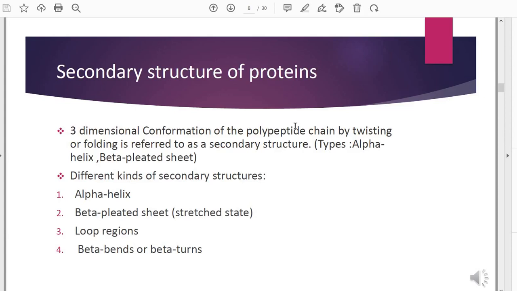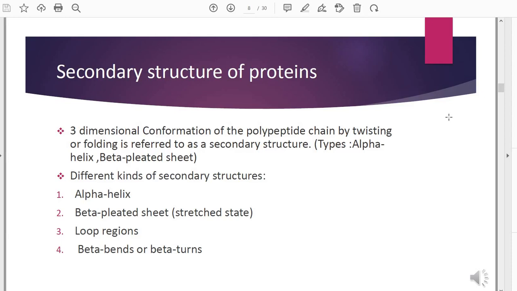Secondary structure of the protein, which is the second level, is the three-dimensional conformation of the polypeptide chain by twisting or folding, and this is called the secondary structure of the protein. It has many kinds.